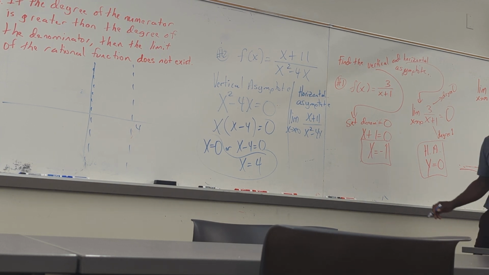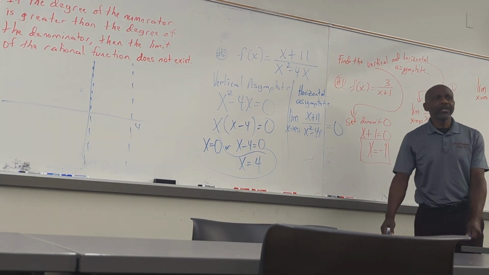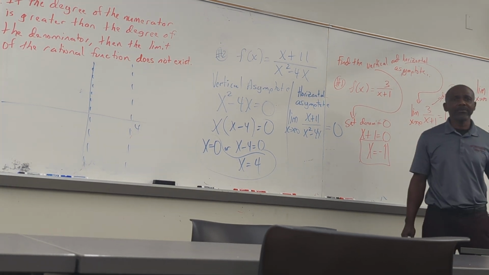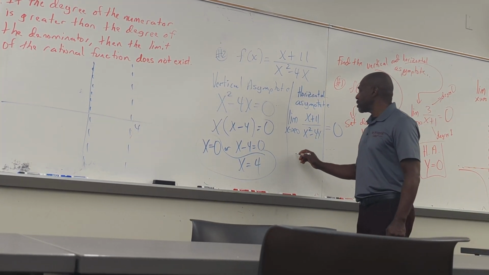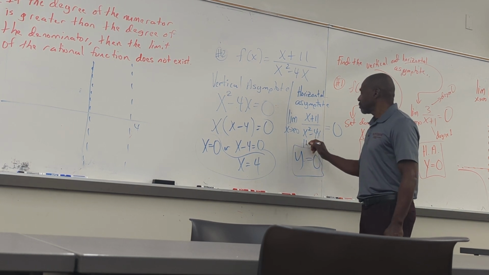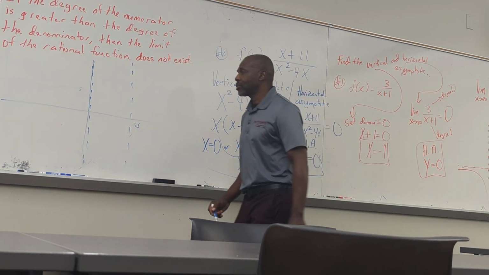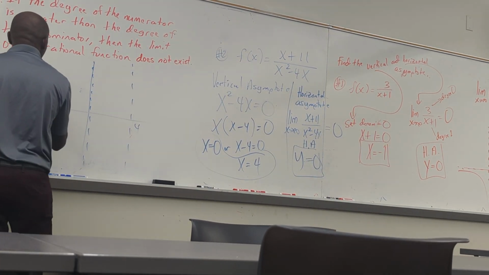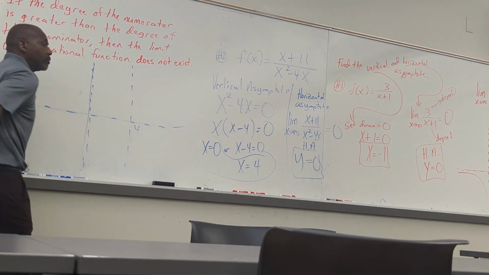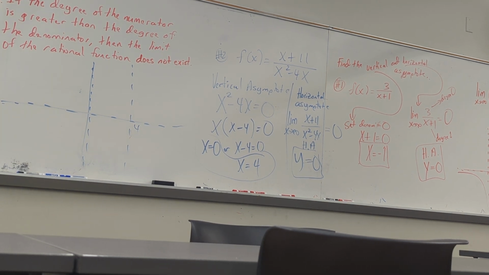Why is it 0? Because the degree in the numerator is less than the bottom. That's the first case. If the top is less than the bottom, the answer is 0. So the horizontal asymptote will be y equals 0. When I start sketching this graph, I know I have an asymptote right here. We good, class?